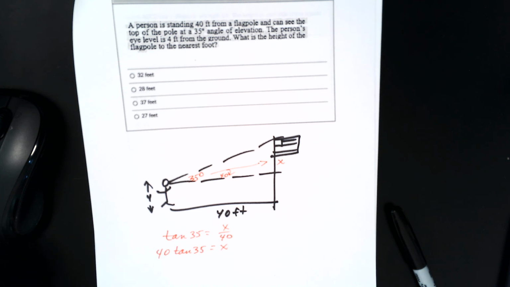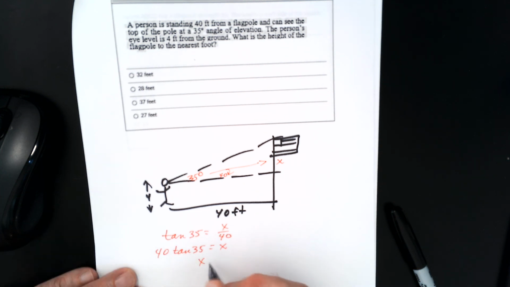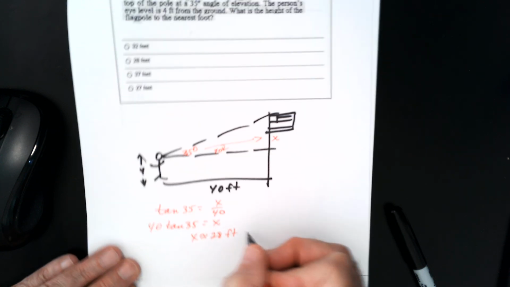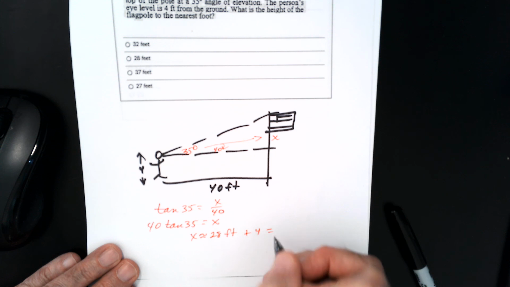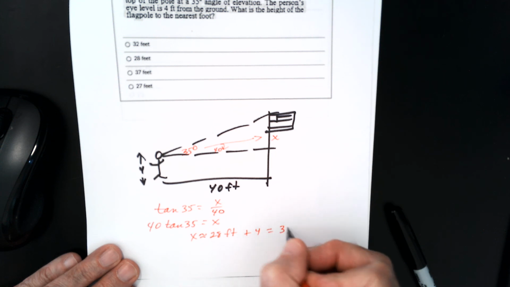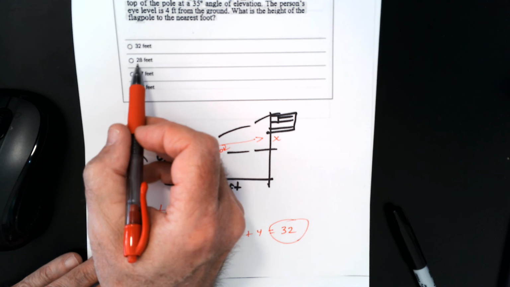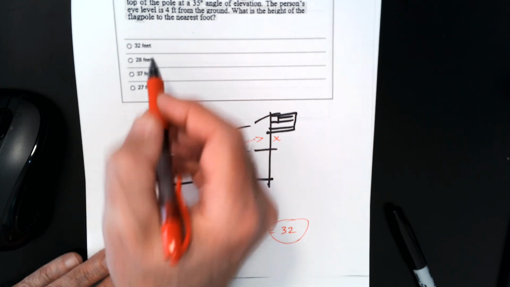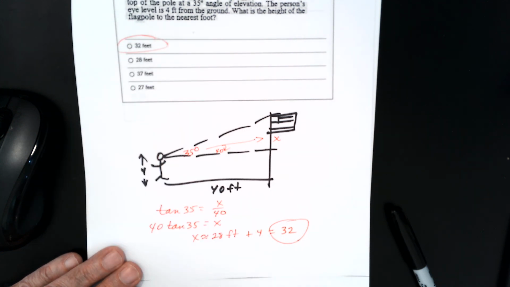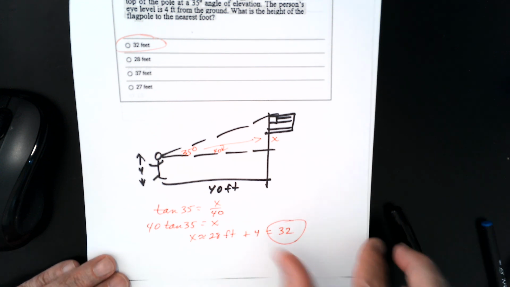All right, that's 28 feet approximately. But we add 4 to it, and we get 32 is the correct answer. Now notice they got sneaky. They put 28 there as one of the possible answers, but you need to add 4 to it to get the 32. All right, 39.